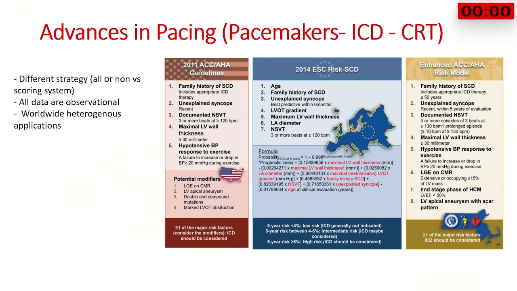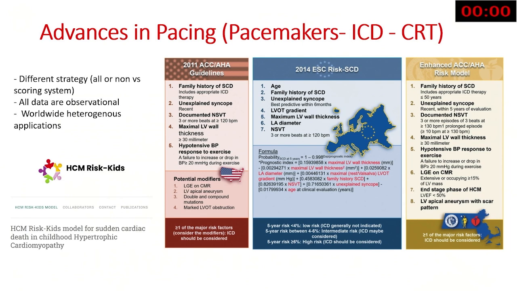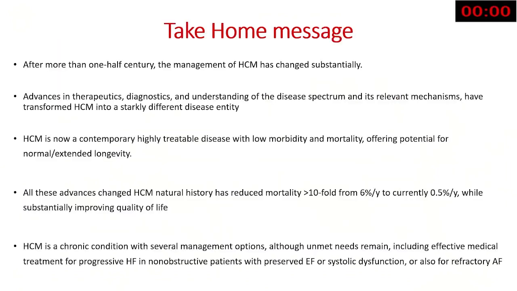The other challenge in sudden cardiac death prevention is that all data are derived from observational data, with no randomized controlled trials in this issue. The third thing is that we have heterogeneous applications worldwide. One patient can have different decisions in different centers, as the experts are not going with the same strategy. And finally, we have an HCM risk score for children.